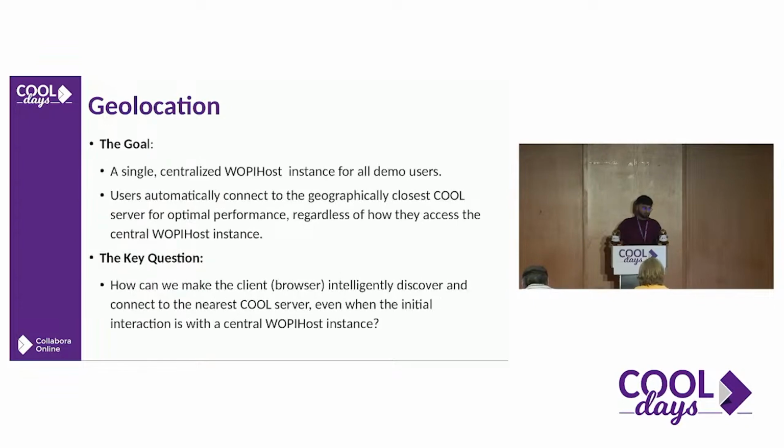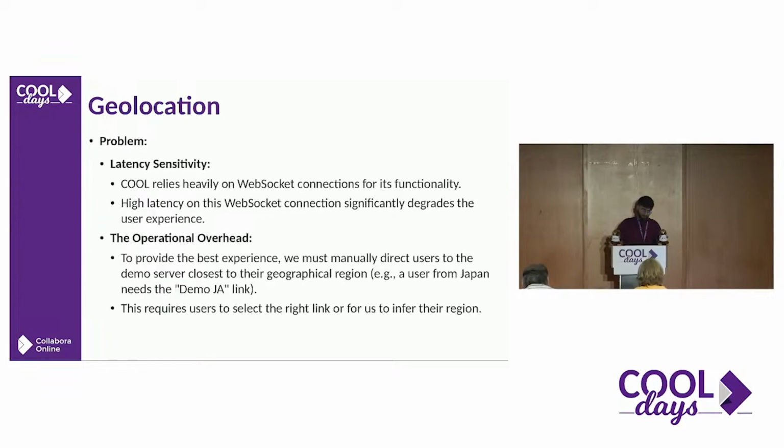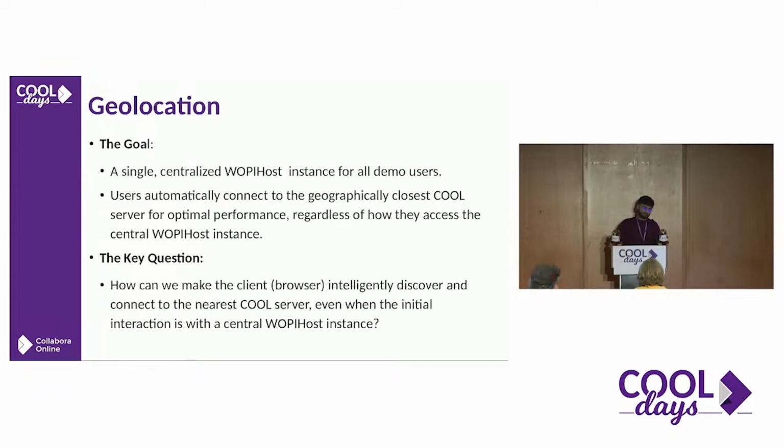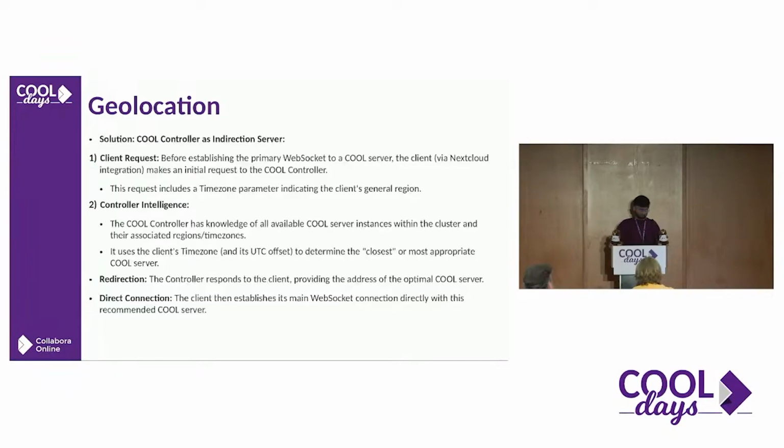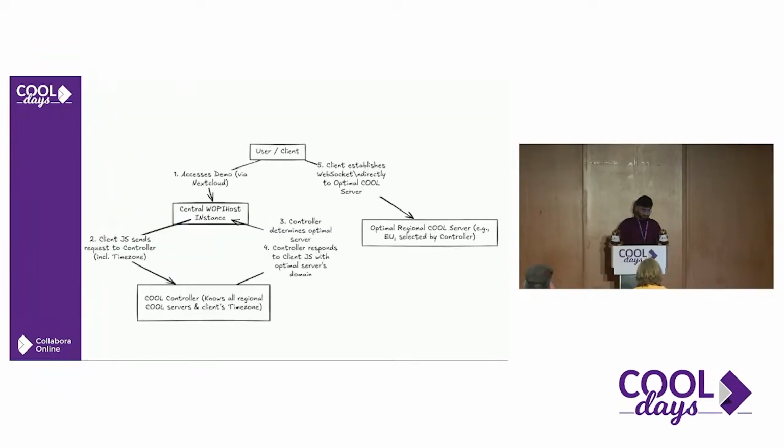So the goal is to have centralized host instances and geographically different cool instances, so that when a user opens a document in your central host instance, they connect to the closest Collabora Online server.